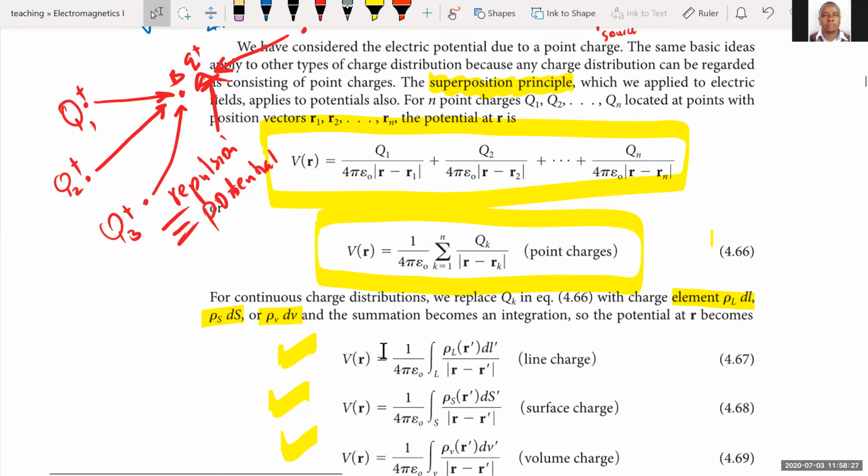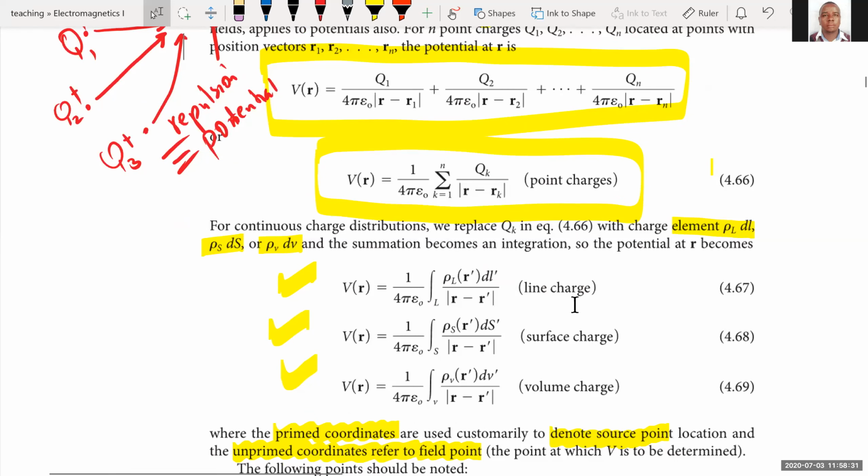How much potential will each of those cause? They are expressed, as you can see here, without much trouble.